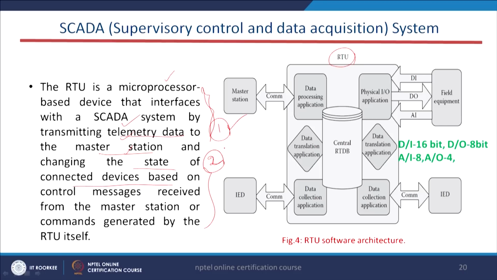That is not sufficient. The other function is changing the state of connected devices based on control messages received from the master station and commands generated by the RTU itself. It will also receive signals from the master station.